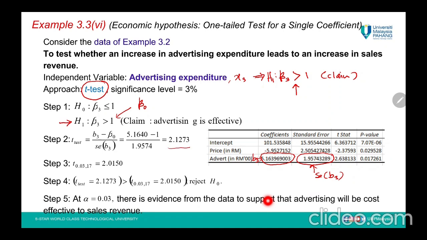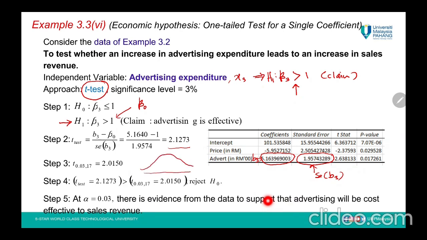So now we go to step 3. In step 3, we want to construct the rejection region and the critical value, that is, we want to establish the test criterion. Since we use the t-test, the first step is to plot the distribution.